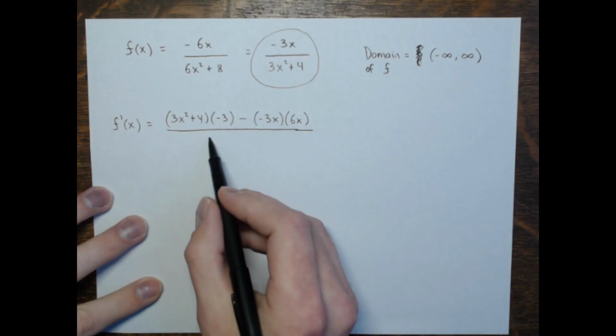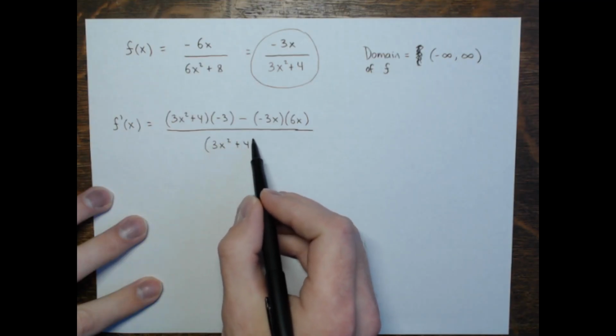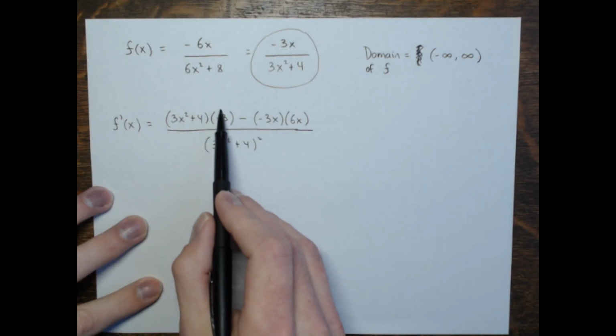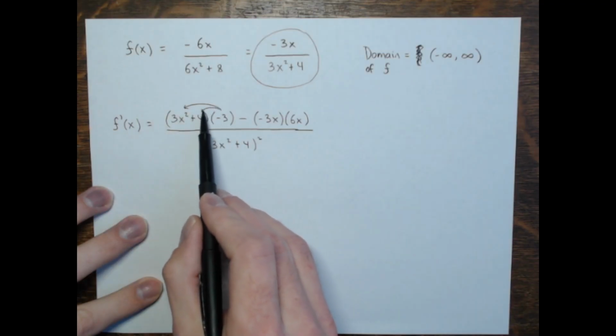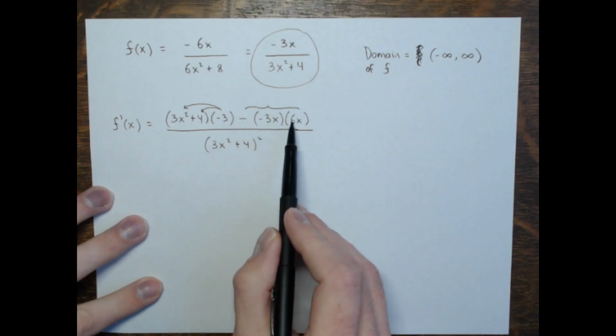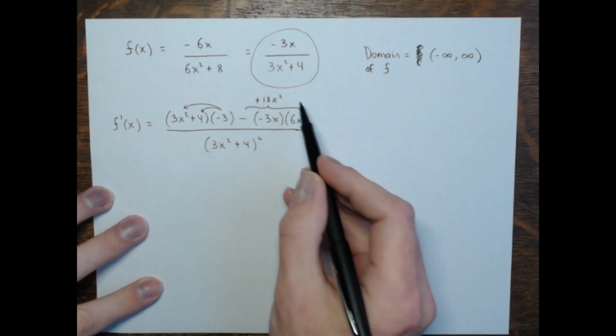And then all that divided by the denominator squared. And then I'll simplify the numerator, distributing the -3 to this factor, and this here will just be positive 18x squared, plus 18x squared.